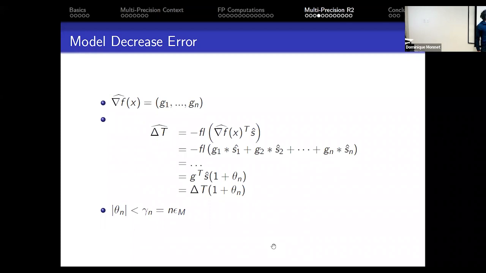If I accumulate all my rounding errors, we model it this way: the inexact model reduction I compute is my exact model reduction multiplied by 1 plus theta n, being bounded by m, the dimension of my vector, multiplied by the machine epsilon, related to what format I'm using to perform these operations.